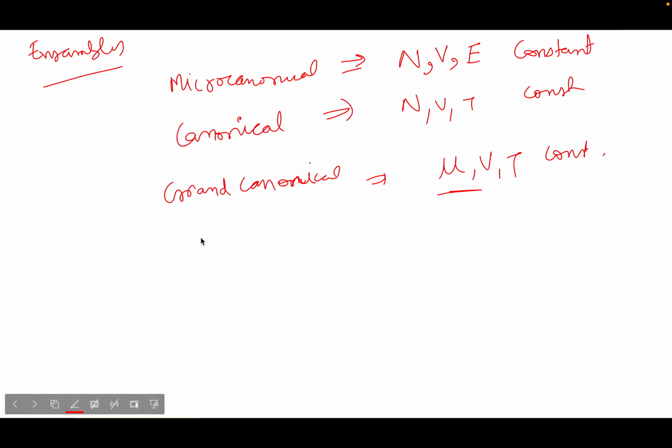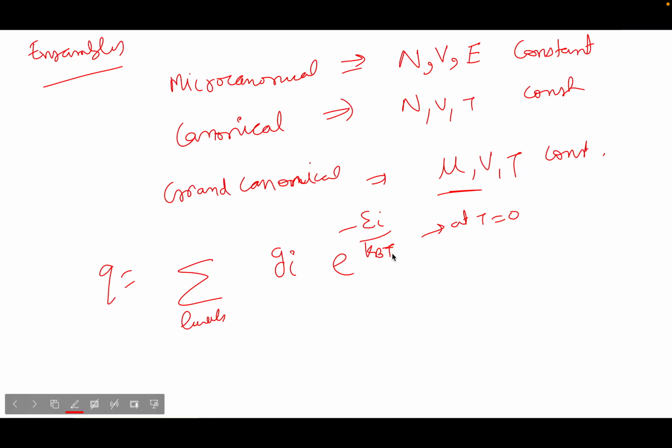And we know that Q is the partition function and it is the summation over levels of degeneracy times e to the power minus e_i upon kBT. At T equal to 0, this is e to the power minus infinity, which is 1 over e to the power infinity, which is 1 over infinity, and 1 over infinity is 0.